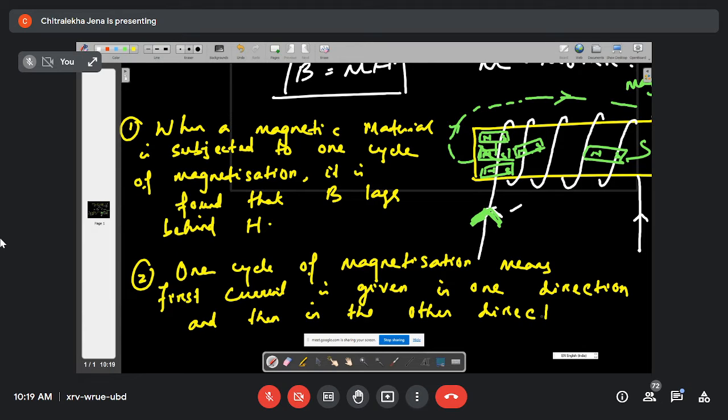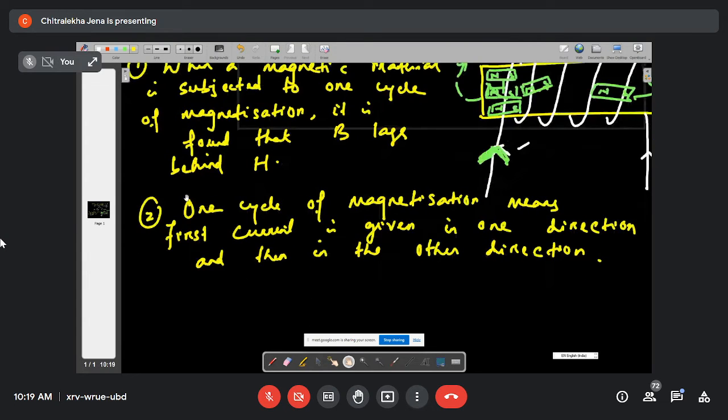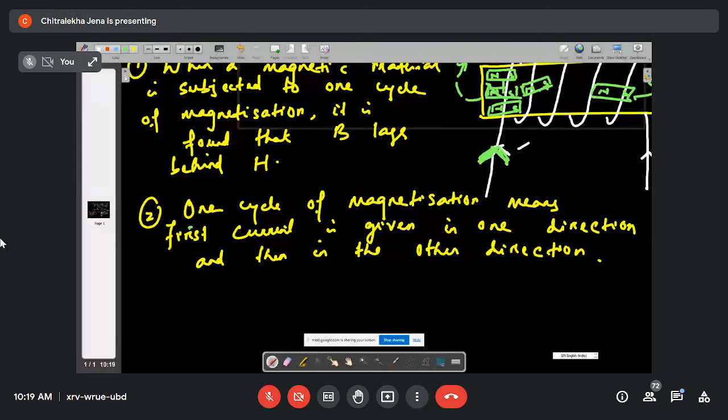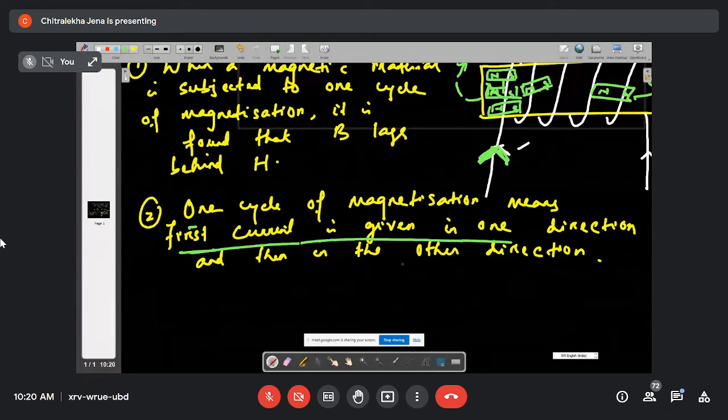Then you will say that the magnetic material is subjected to one cycle of magnetization. That means the current is given first in one direction, then in the other direction.